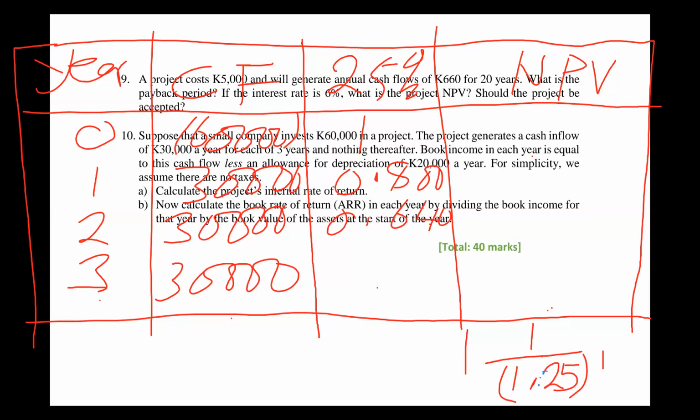And 1 divided by 1.25 to the power 3 gives us 0.512. Okay, the next one will be negative 60,000. What does it give us now?